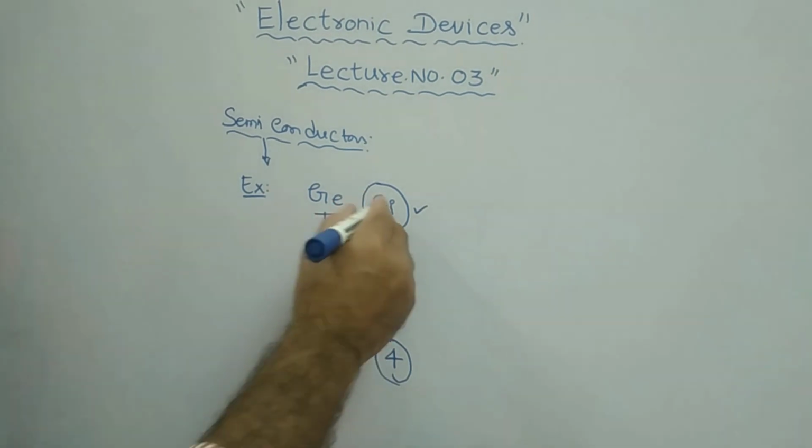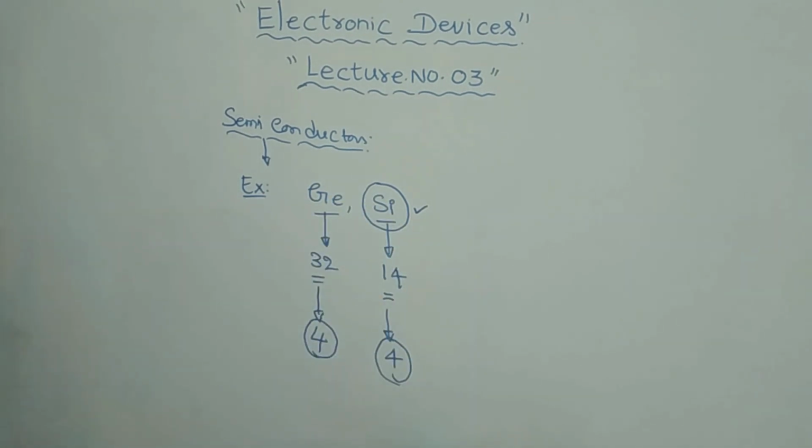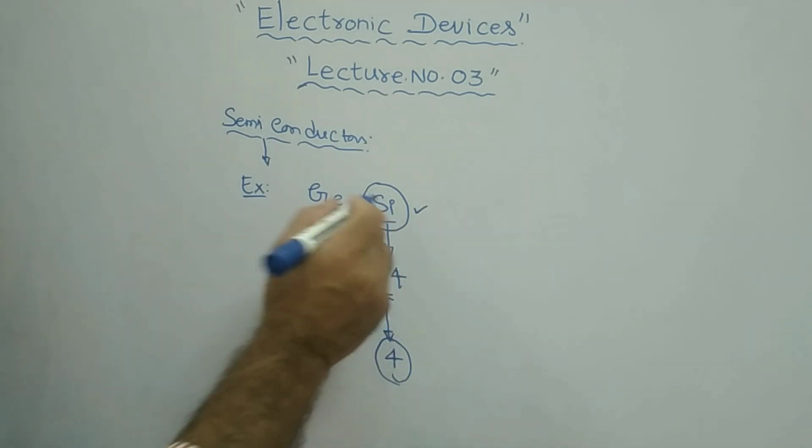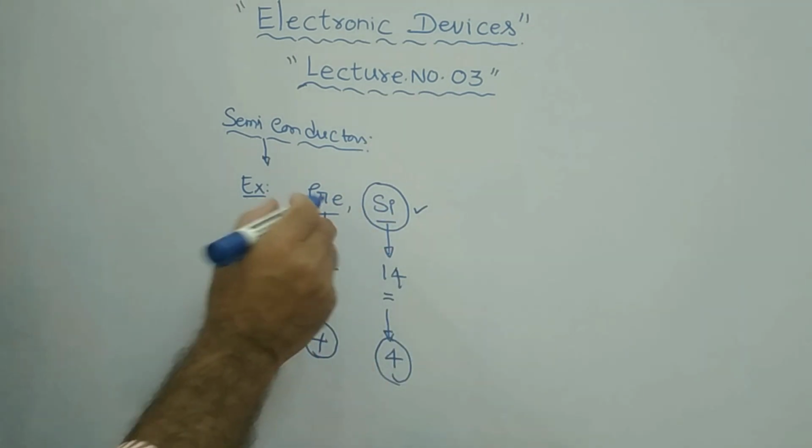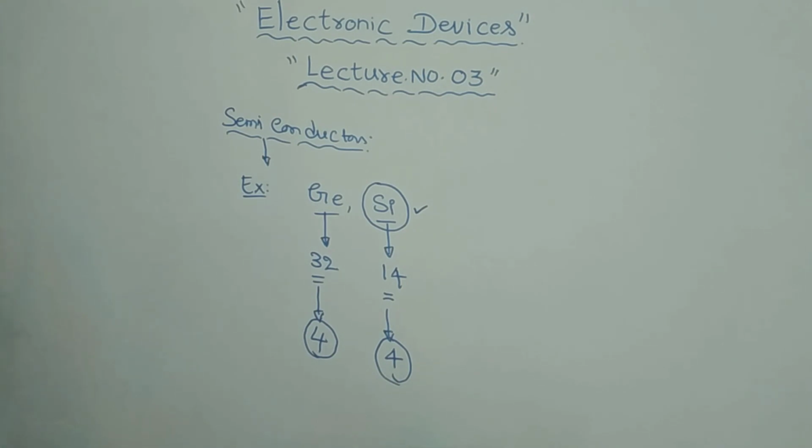In the manufacturing of any electronic component or device, silicon is preferable to germanium. Clear? So this is the basic information about these two.